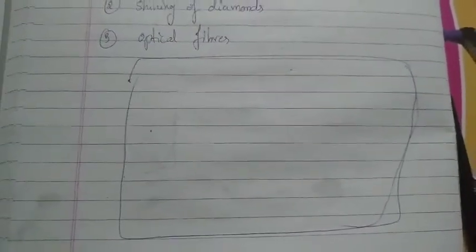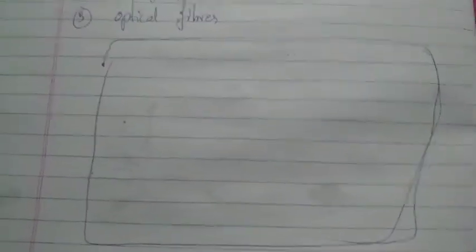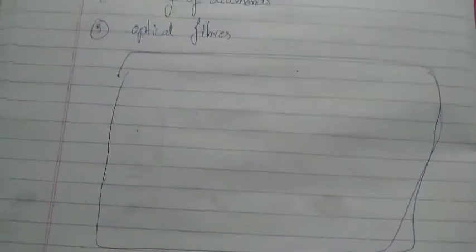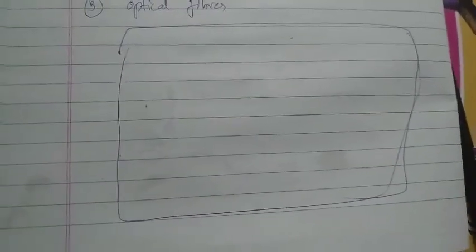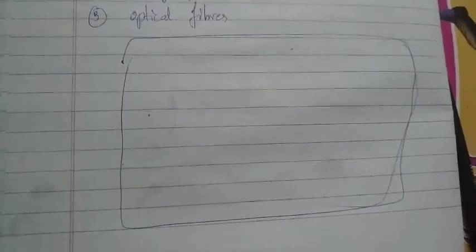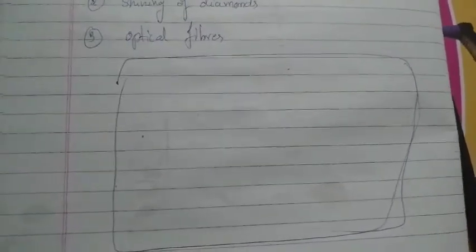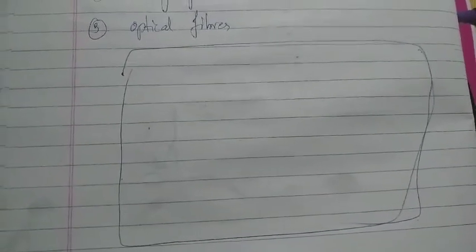I said mirage is formed on a hot sunny day. Why? I also said it is formed during summer. During summer the temperature in our atmosphere is very large. What is this going to make? This will separate our atmosphere into layers.